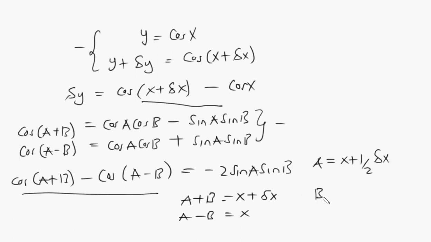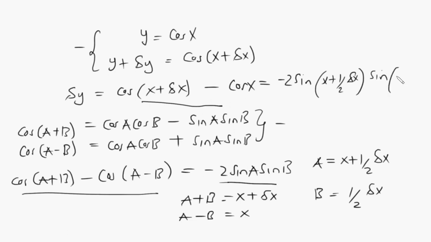Alafu b ni 1/2 delta x. Kwa sasa this now can be expressed in this form. Manake hii unaweza kuandika ni negative 2 sin a ambayo ni hiyo x plus 1/2 delta x. And then we have again another sine. This one is 1/2 delta x. Kwa hiyo here is where we are now. Delta y equals negative 2 here times here.